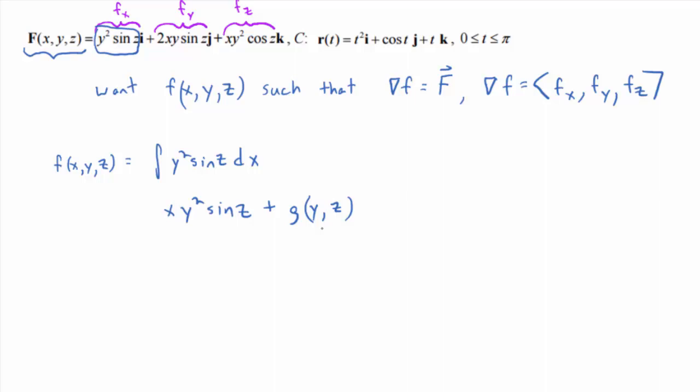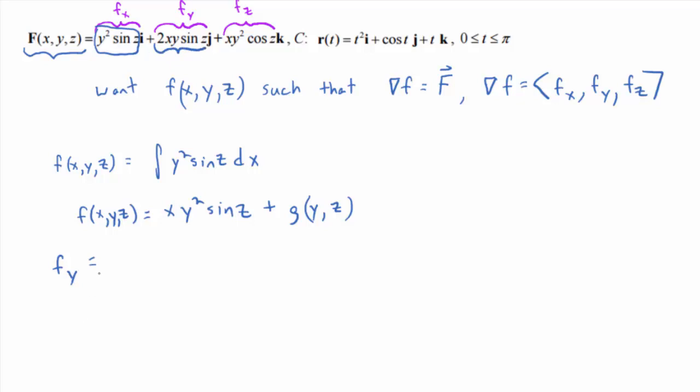But in order to find the potential function, we need to know what g of y, z is. Okay, but we haven't made use of the second component of the vector field or the third component yet. So this is a representation for little f of x, y, z. But can't we take the derivative with respect to y and set it equal to the j component of the vector field? Shouldn't that be f sub y?